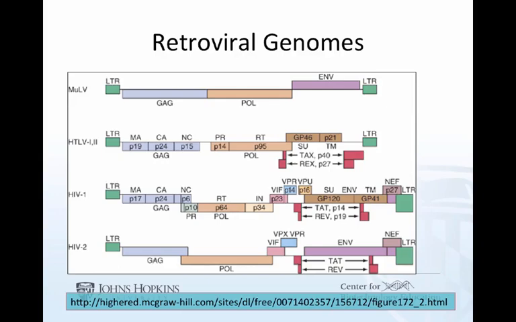P19 is 19 kilodaltons, for instance. But basically, they all have some form of GAG, Pol, and ENV genes, and maybe some additional smaller ones. Note that RT means reverse transcriptase, and PR means protease. Maybe you can figure out or look up some of the other abbreviations if you're interested.